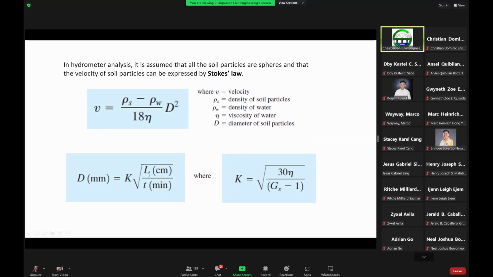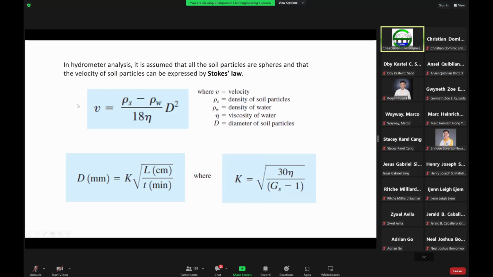Then we also have this formula, D, where D is the diameter of the soil particles, equal to K times the square root of L over T, where K is a parameter equal to the square root of 30 nu, where nu is the viscosity of water, over the specific gravity minus 1. For this L, we will describe this in a while.